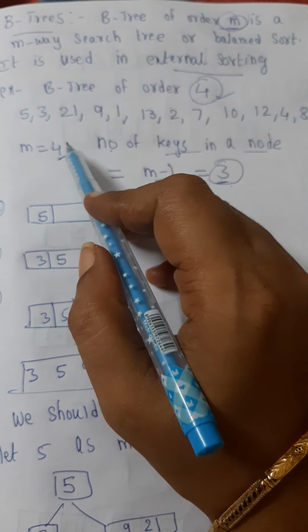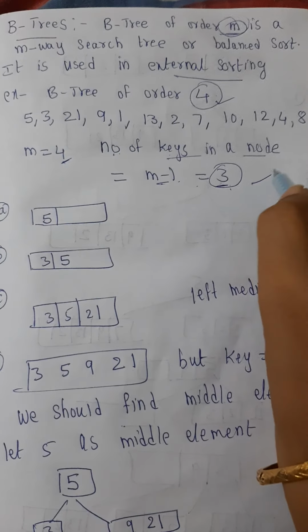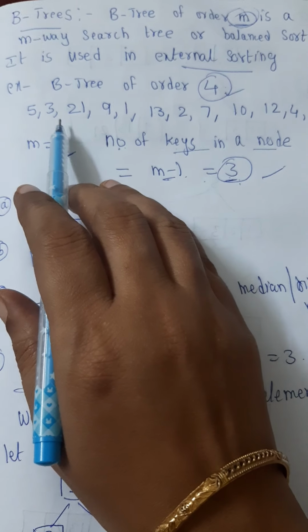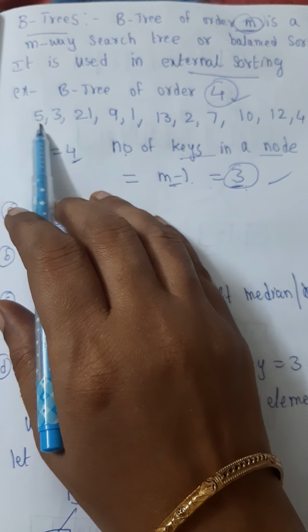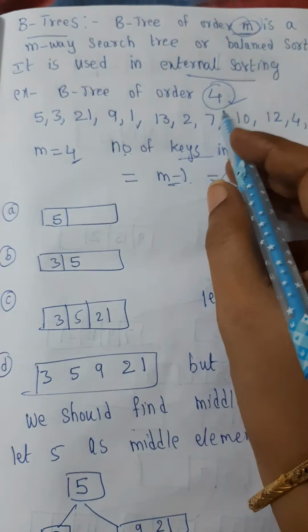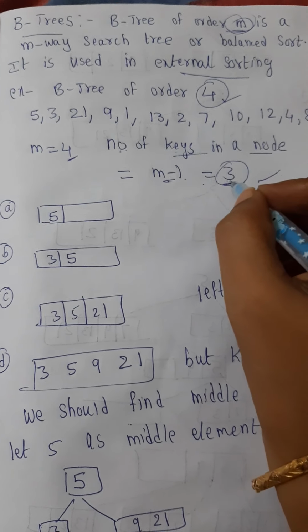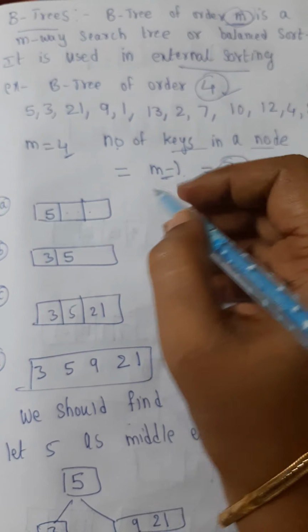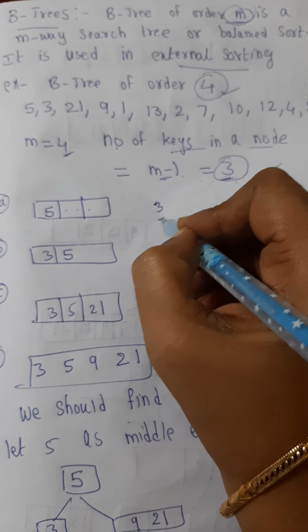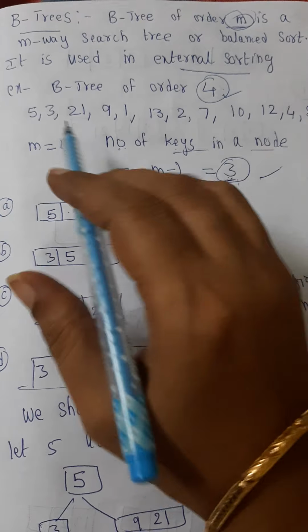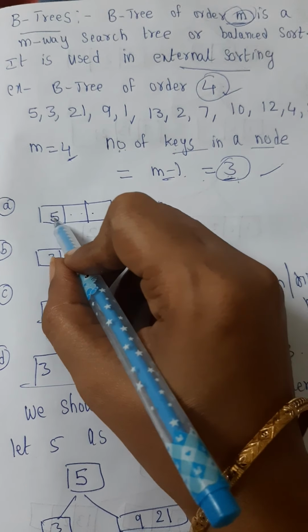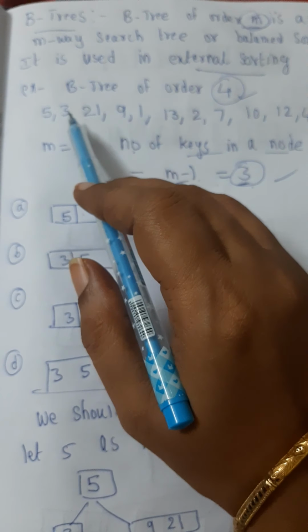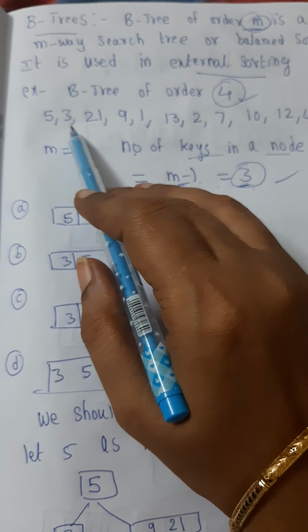What is M given here? 4. So now let us start inserting elements. The first element is 5, and the order is 4, which means in one particular node we can accommodate 3 elements. So 5 is inserted. The next element is 3.